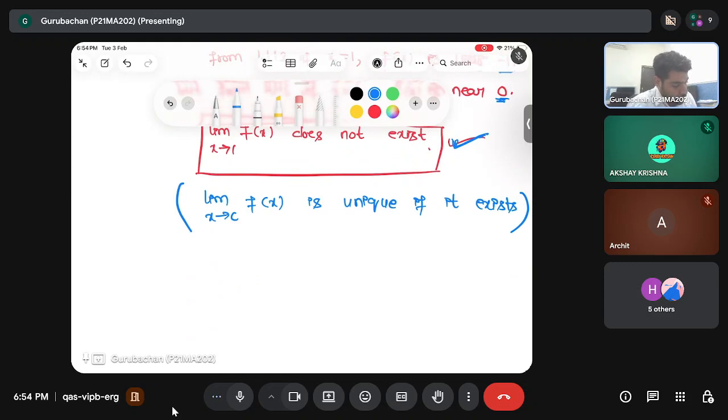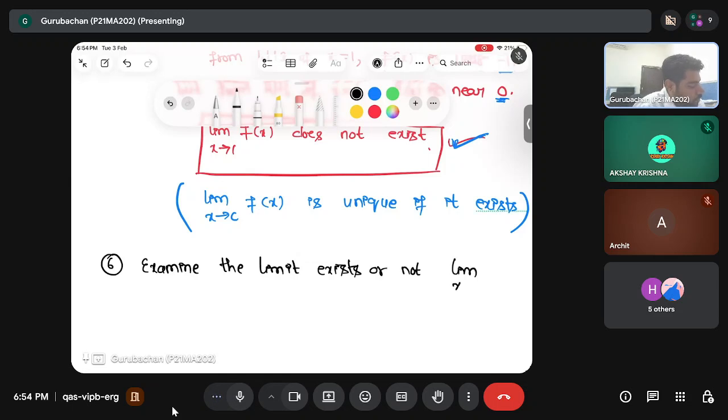So do the same for the next one. Examine whether the limit exists or not. Check this one.